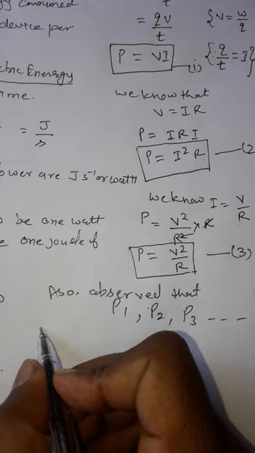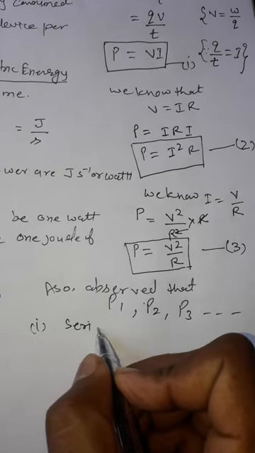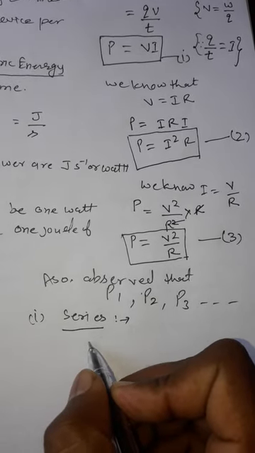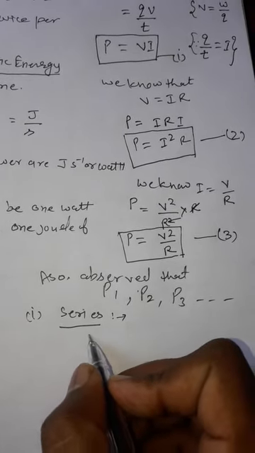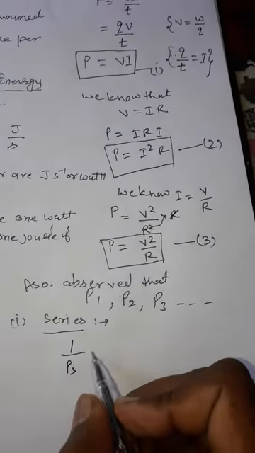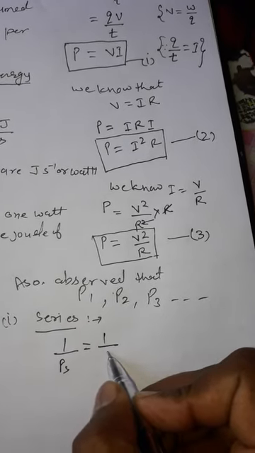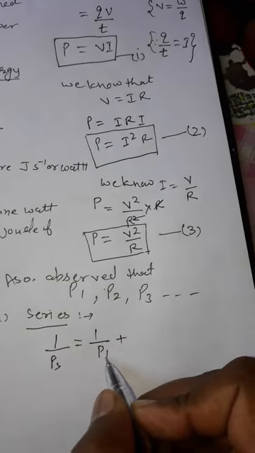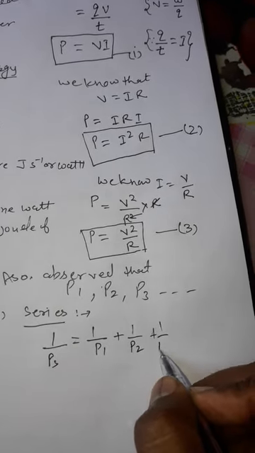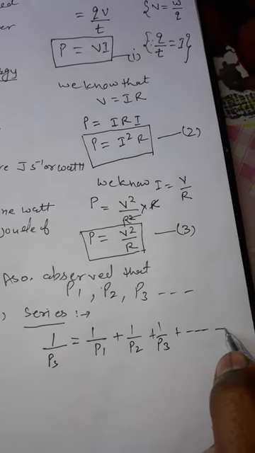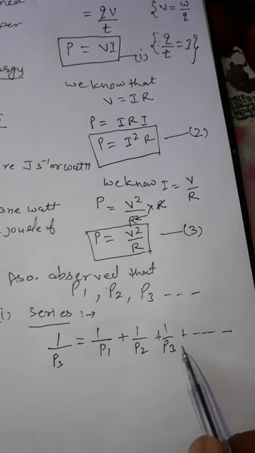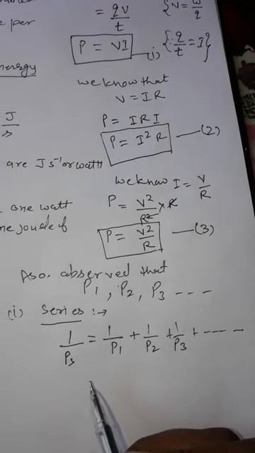In the first case, if these devices are connected in series, then the reciprocal of the effective power must be equal to the reciprocal of the power of the first device plus the reciprocal of the power of the second device plus the reciprocal of the power of the third device, and so on. So the reciprocal of the effective power is equal to the sum of the reciprocals of the individual powers of the devices.